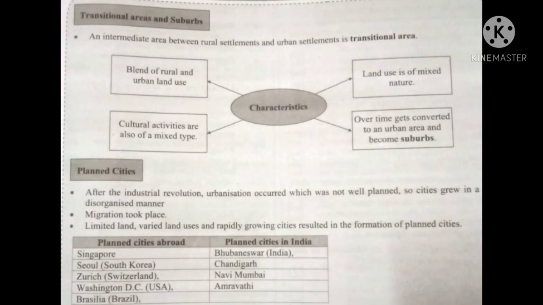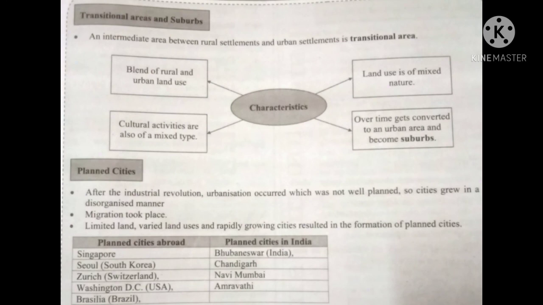We have also studied planned cities. That is, after the Industrial Revolution, urbanization occurred which was not well planned. So cities grew in a disorganized manner. Point 2, migration took place, and point 3, limited land, varied land uses and rapidly growing cities resulted in the formation of planned cities.